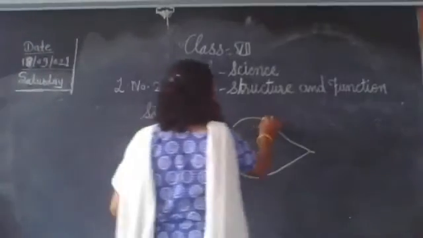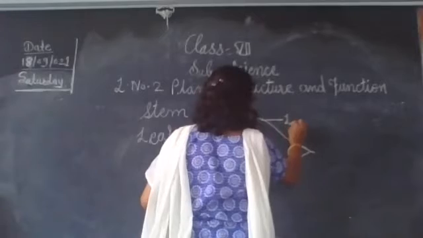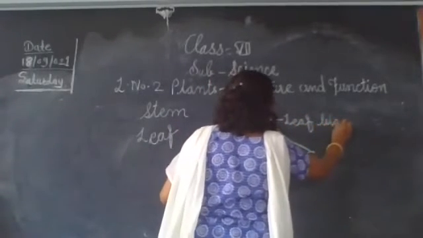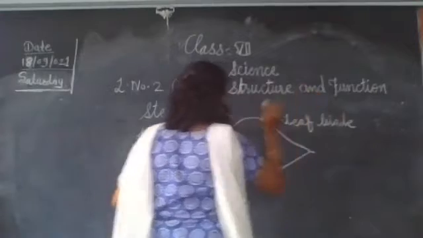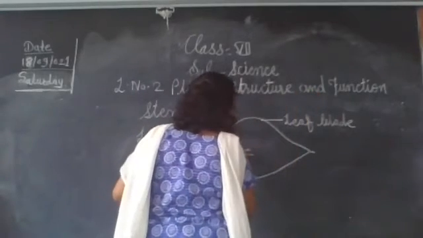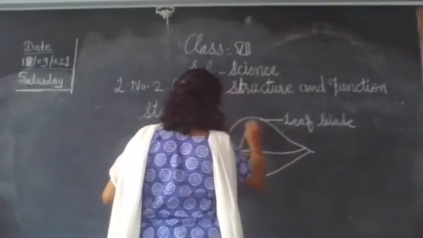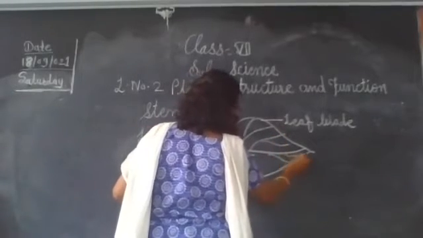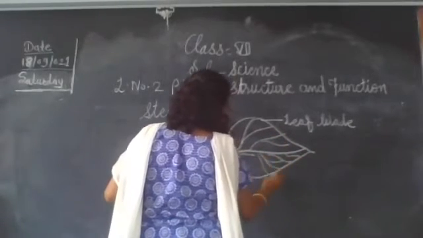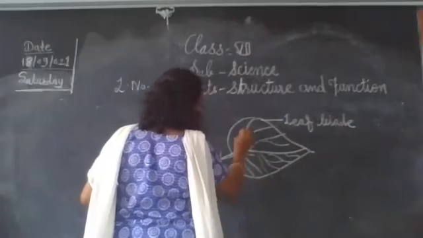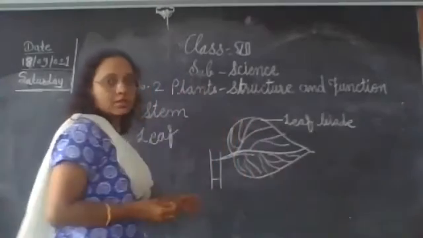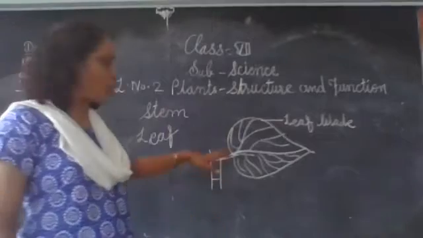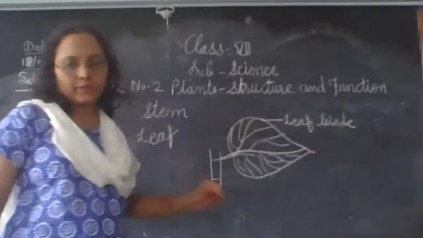Okay, this is a leaf blade. See the structure, that flat portion of the leaf is called the leaf blade.